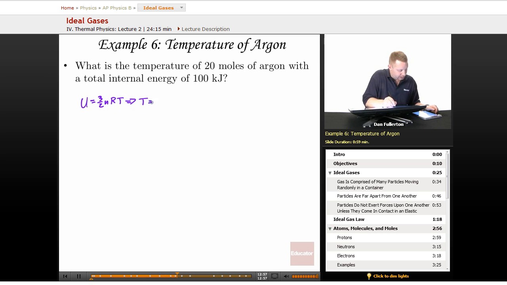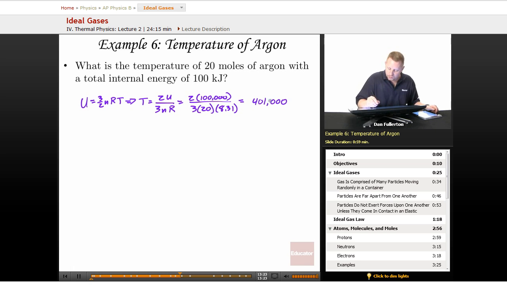Therefore, temperature equals 2 times the total internal energy divided by 3 times the number of moles times that universal gas constant R. So that's 2 times 100 kilojoules, or 100,000 joules, divided by 3 times 20 moles times our universal gas constant, 8.31, which gives me about 401 Kelvin.